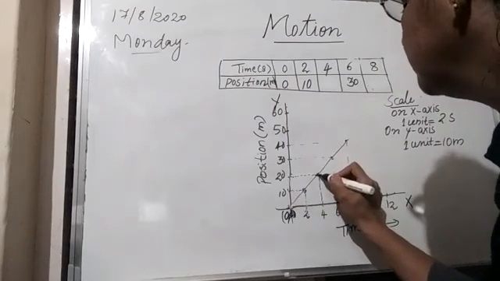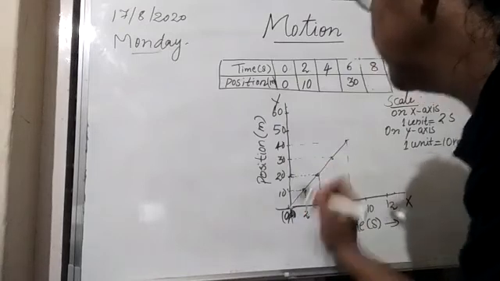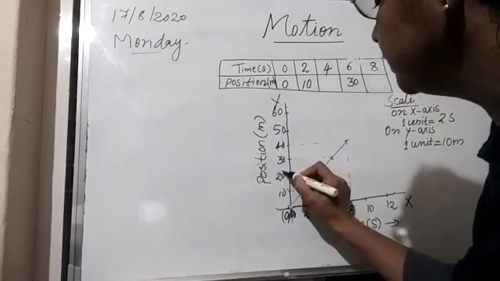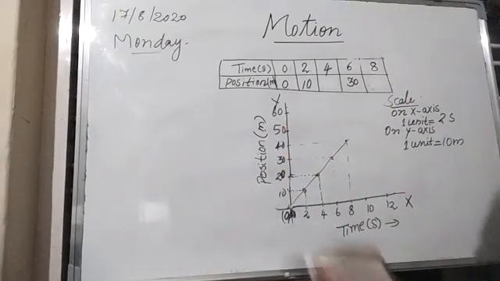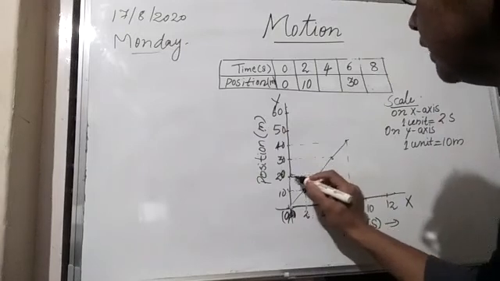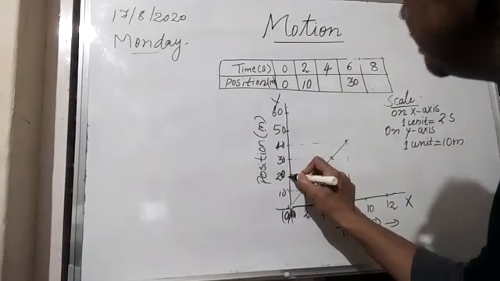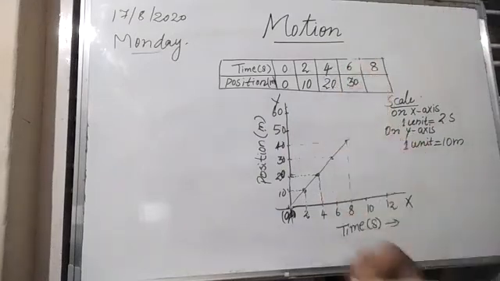Where it meets the y-axis, that much is the position of the object. So this perpendicular meets the y-axis at 20. So we can write here, at 4 seconds, the object is at 20 meters.